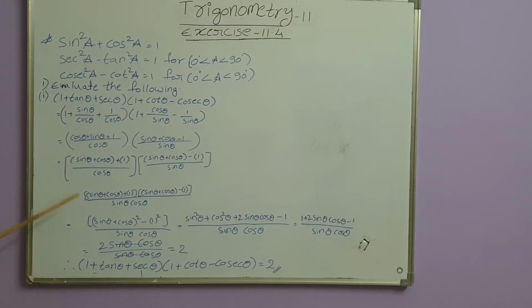See these denominators: the two are multiplied, sin theta and cos theta. See here the numerator: a plus b minus a minus b.